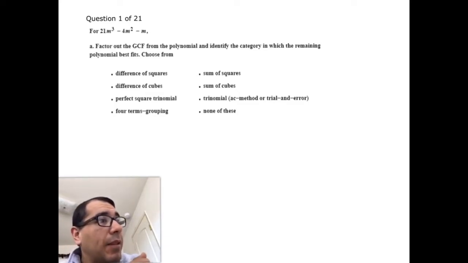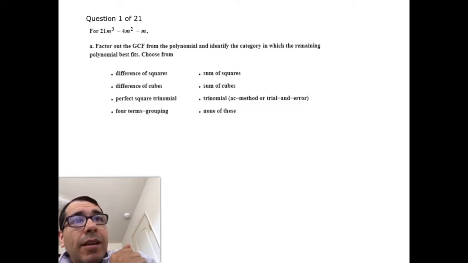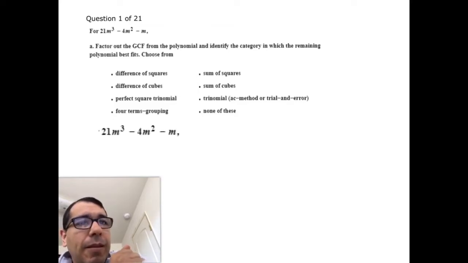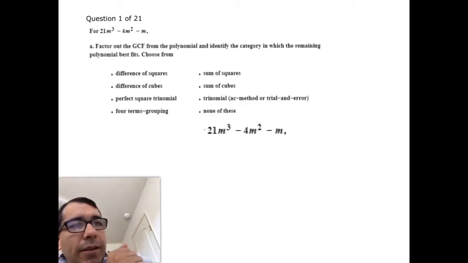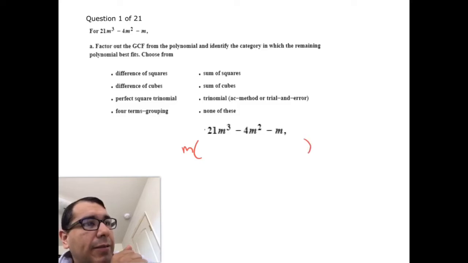All right. So let me copy this down. Let me bring this down here so we know what we're dealing with. So let's factor out that M. And that's the biggest, right? That's my greatest common factor.